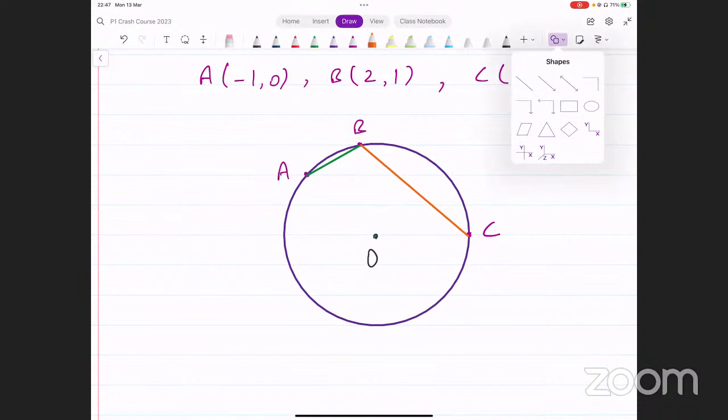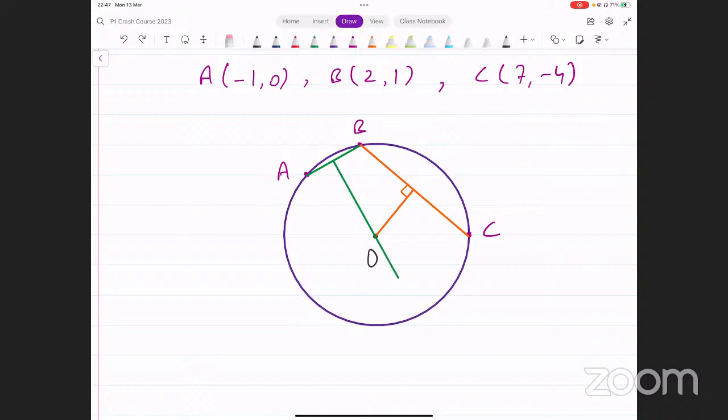All right. Now, the perpendicular bisector of BC is going to pass through the center of the circle, and the perpendicular bisector of AB is also going to pass through the center of the circle.